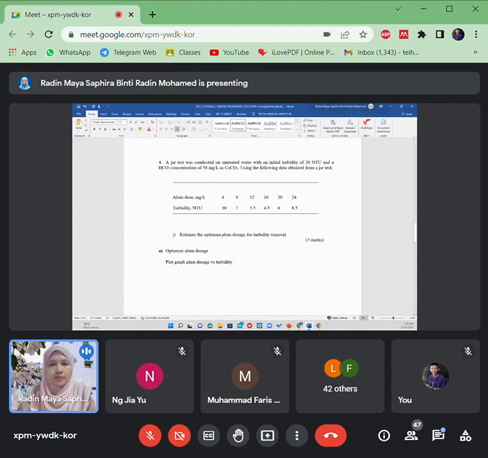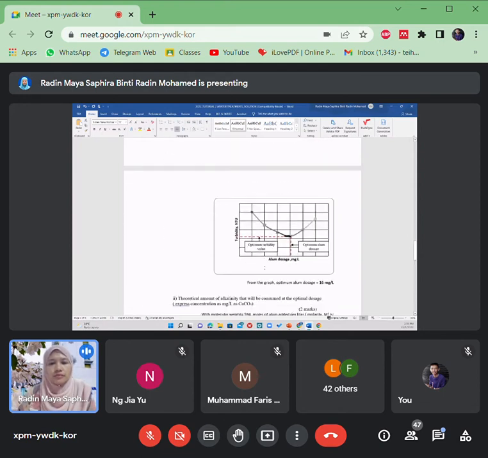Okay, estimate the optimum alum dosage for turbidity. We want to find the most efficient dosage of the alum, between these varying concentrations. Even when we add the highest alum dose, it does not necessarily give the highest turbidity removal.